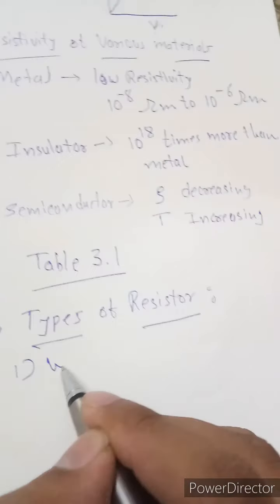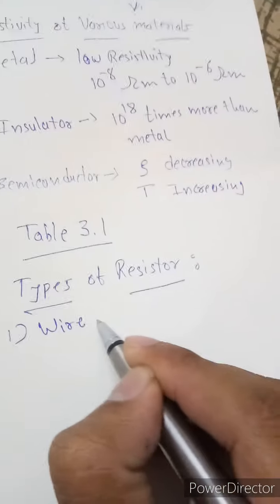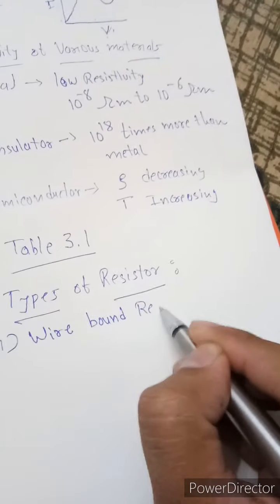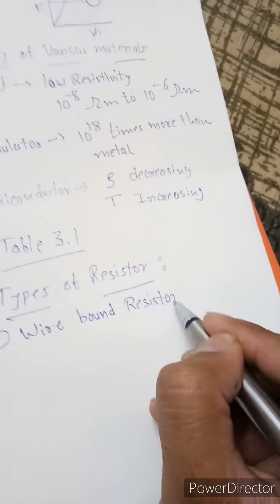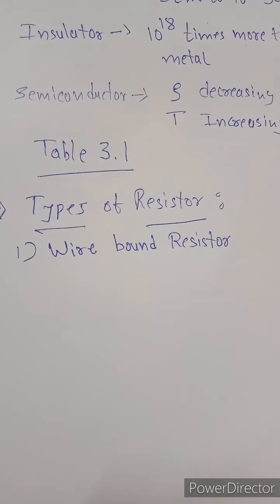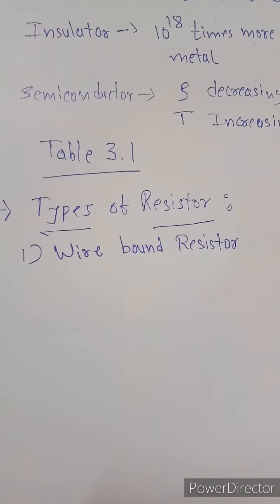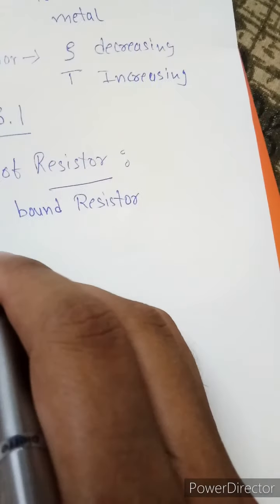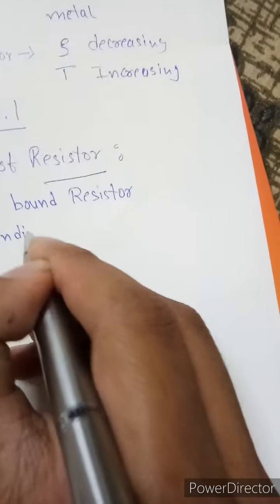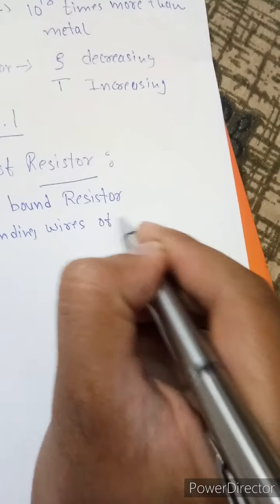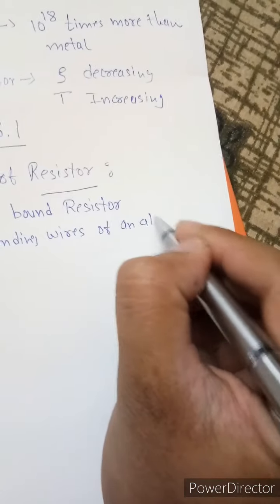First is the wire wound resistor. As the name suggests, these resistors are made by winding wires of an alloy.